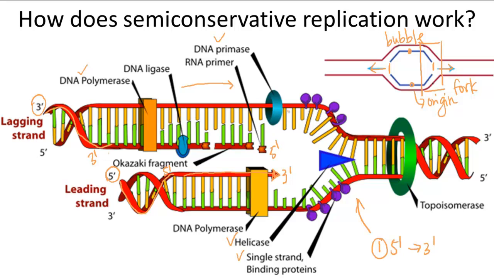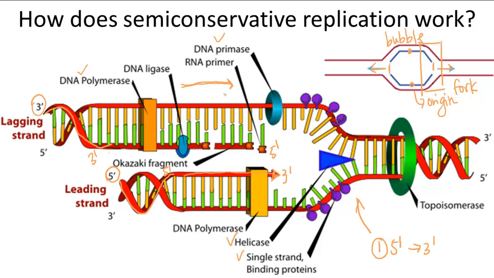So how exactly is it being synthesized in this direction, 3' to 5', when we said that it can only be synthesized from 5' to 3'? Well, despite the DNA traveling in the opposite direction, 3' to 5', there is actually a particular synthesis method that allows the DNA to achieve 5' to 3' synthesis.